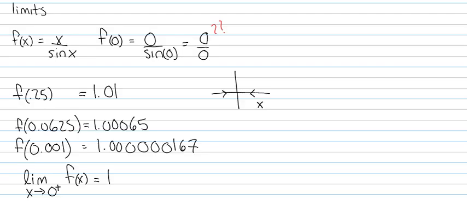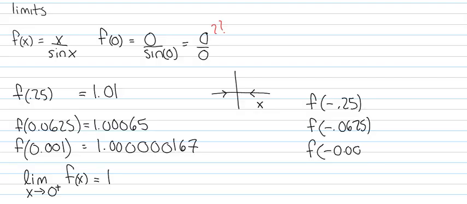So we can do that by looking at, for example, f of negative 0.25, f of negative 0.0625, and f of negative 0.001. So this first value, f of negative 0.25, is going to be 1.01, like it was on the positive side of the x-axis.